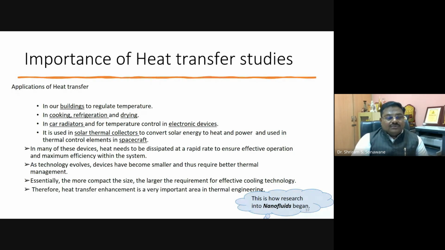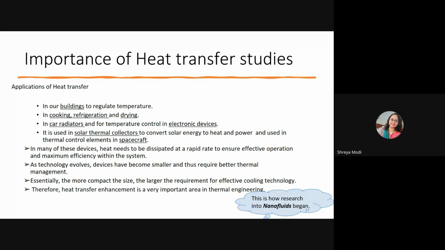As technology evolves, devices have become smaller and thus require better thermal management. Now, if we have a computer, we have a fan system to dissipate its heat. Whatever extra heat is generated in the system can be removed or thrown out to the atmosphere.